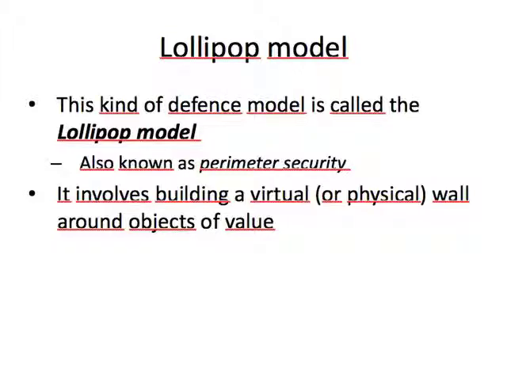This kind of defense is called the lollipop model, also known as perimeter security. It involves building a virtual or physical wall around the data that we want to protect, or in the case of a castle, money or other strategic resources.